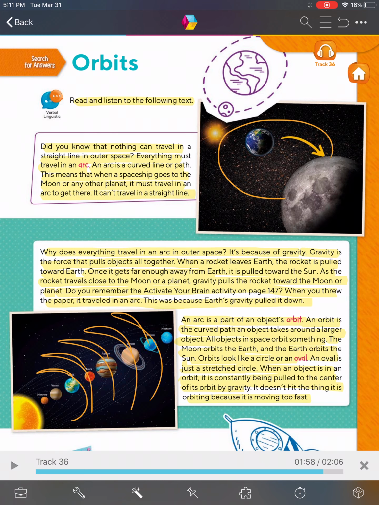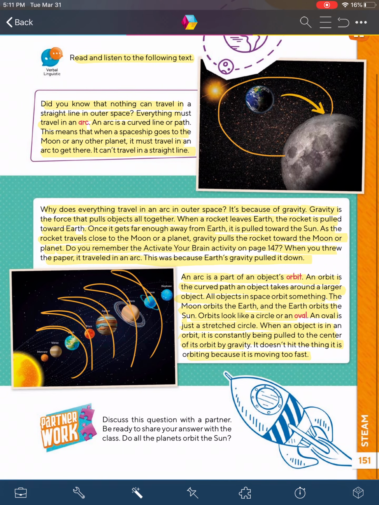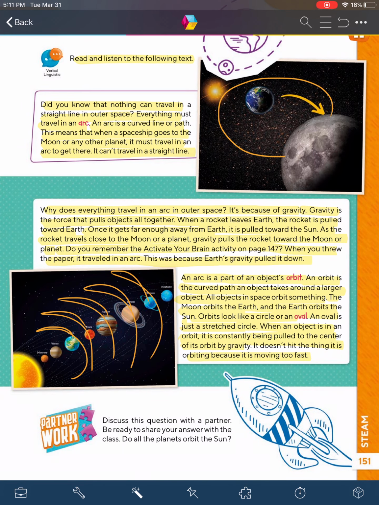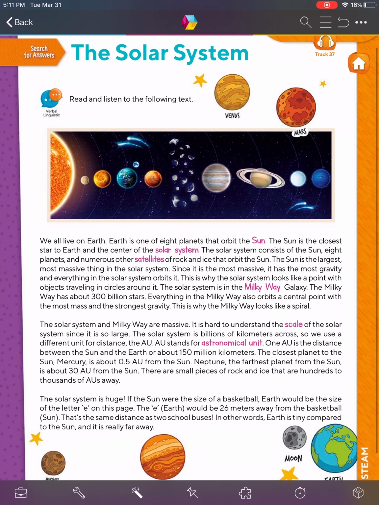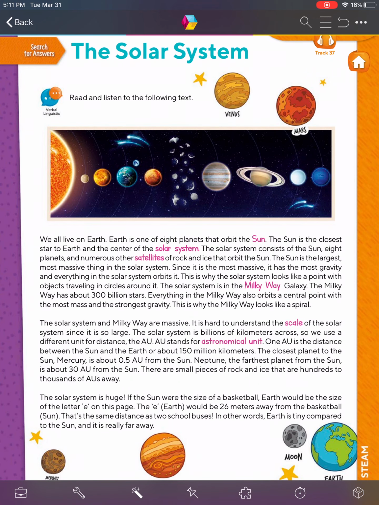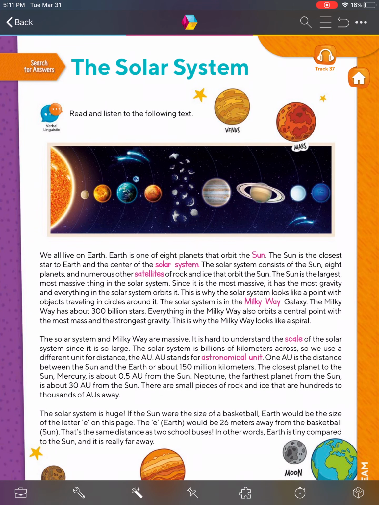So these are called orbits. Do all the planets orbit the Sun? I think I gave you the answer, right? Let's move on to the next page to talk about the solar system. Ready? I'm playing the audio and please try to follow the text. Highlight the ideas that you think are really important to remember.